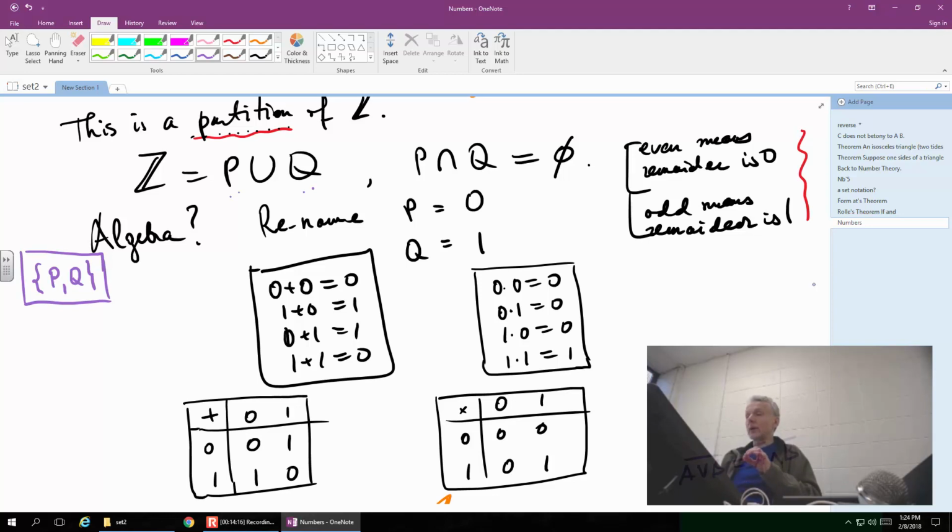P is odd, Q is even. Together they make up a set? Yes, this is all here. But I want you to recognize what's new here is the braces. What do the braces indicate? Braces and a comma.